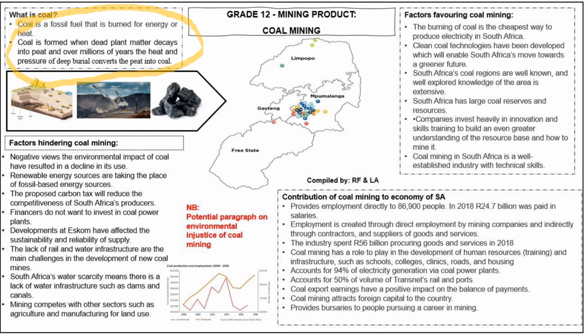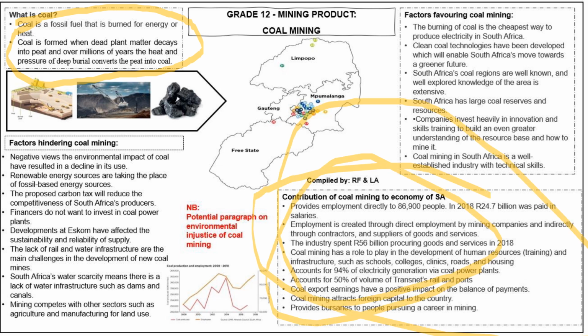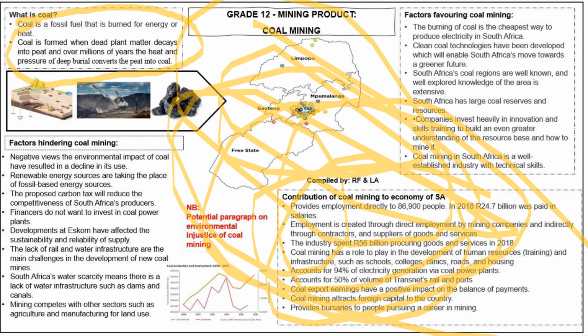Industry spent 56 billion rand procuring goods and services in 2018. Coal mining has a role to play in the development of human resources and infrastructure such as schools, colleges, clinics, roads, and housing. There's a lot of statistics on the importance and the contribution of mining to the economy right there.